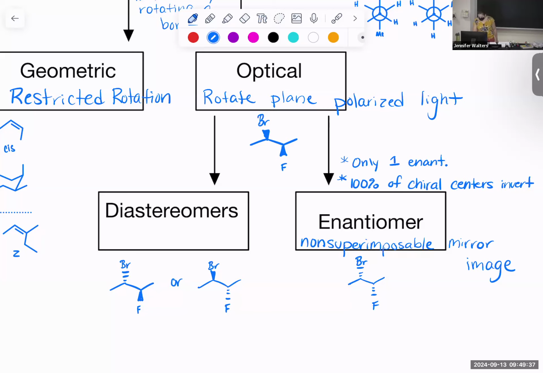Diastereomers are the non-mirror images, which I also think is a terrible definition. So the diastereomers are going to be where you invert some, but not all.